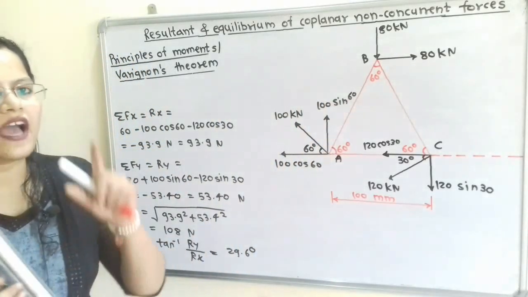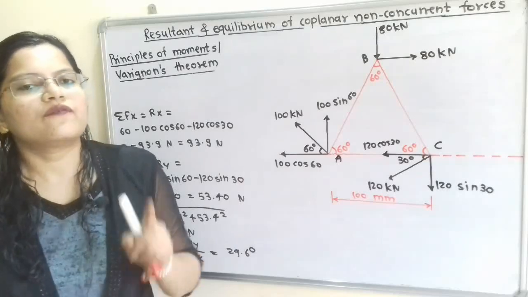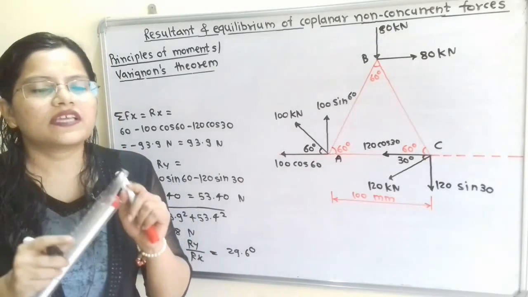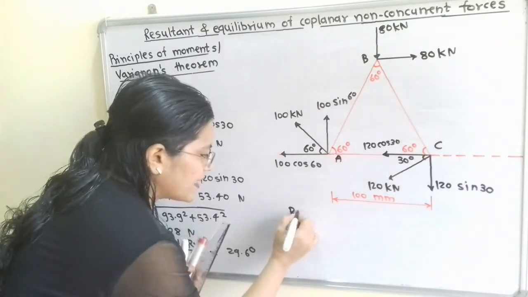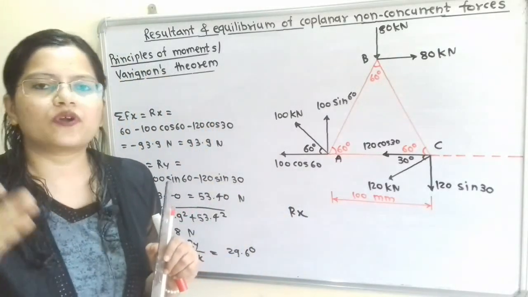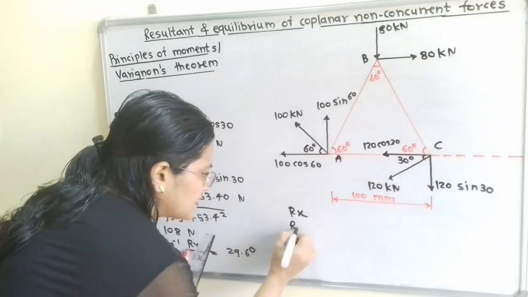Now how to find the resultant? We first have to find the horizontal component of the resultant, known as Rx, and the vertical component of the resultant, known as Ry.